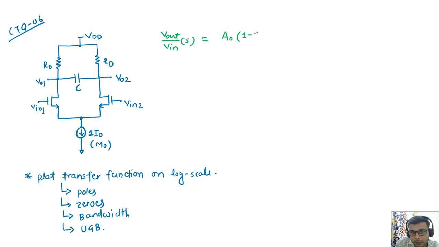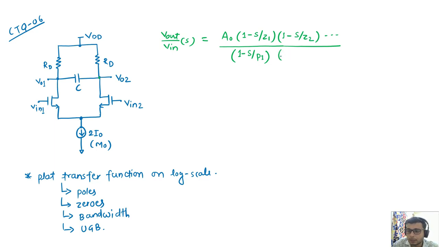After that, (1 minus S by Z1), (1 minus S by Z2), and so on, meaning there are zeros at Z1, Z2, and (1 minus S by P1). I am writing minus here, which means these Z1, Z2, P1, P2 are negative quantities, or frequencies on the left hand side. That's why I am writing like this, S by P2 and so on.